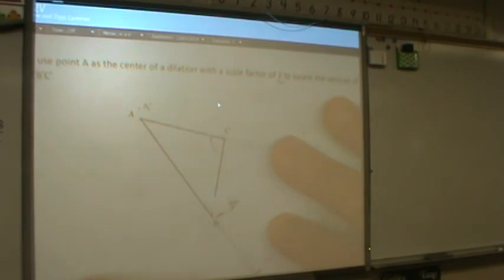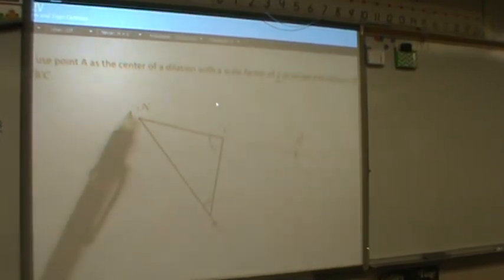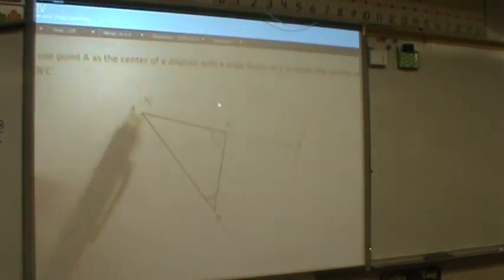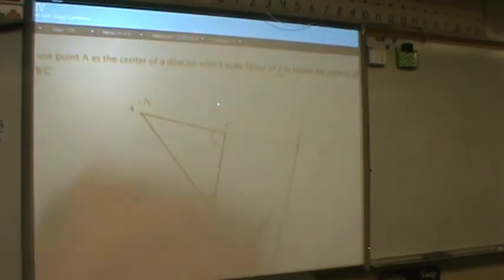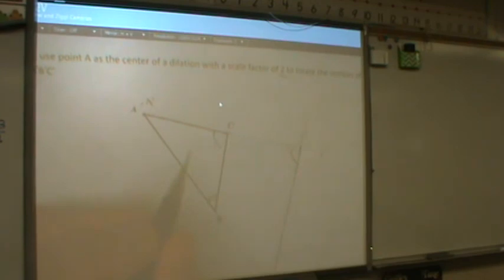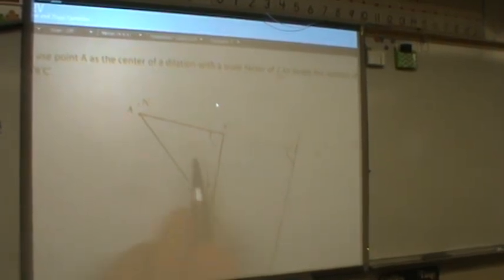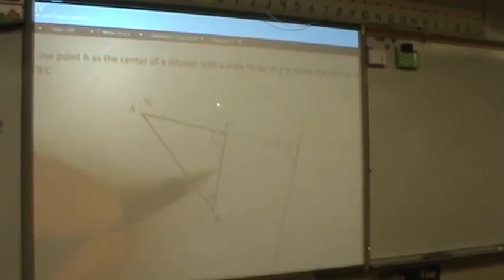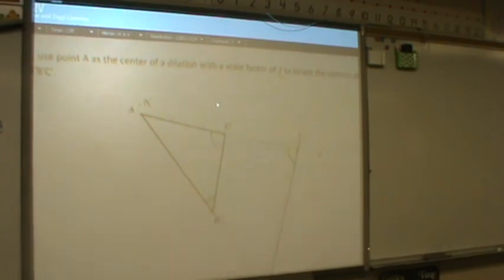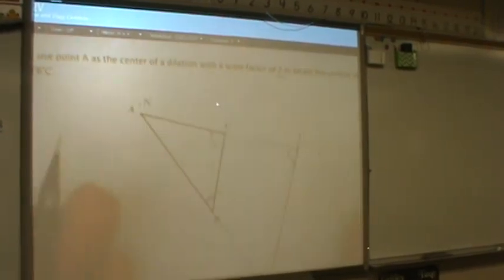A to B. There is B prime, and use my eraser. Sorry for that. And then now I can just kind of connect these two, and we double that. So notice AC is in the same position A prime C prime is. Those two lines are parallel. Even this right side here, those two segments should be parallel if you did them correctly. Mine's off just a tad, but if we do them accurately, they would be parallel.